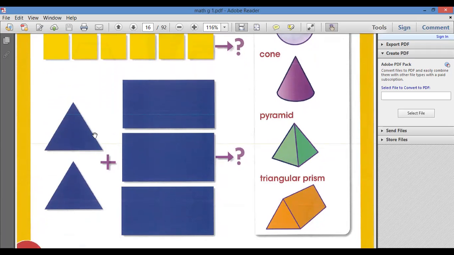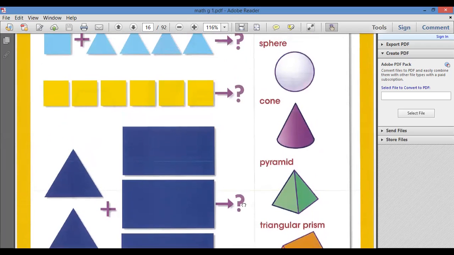We have two triangles and three rectangles. Two triangles and three rectangles make a triangular prism.